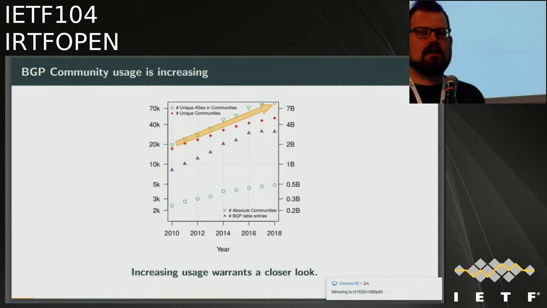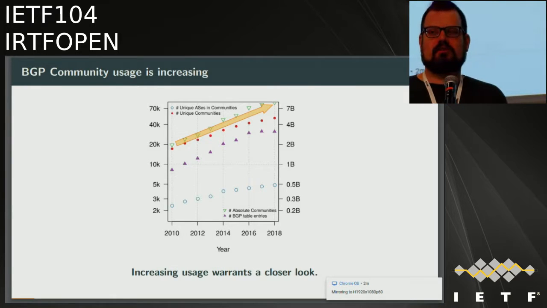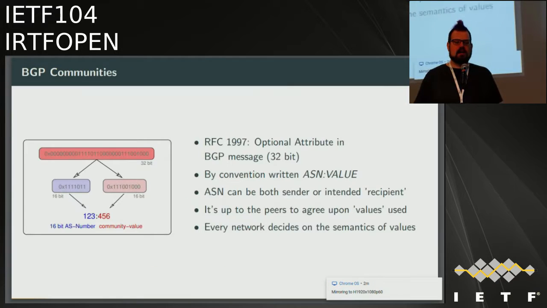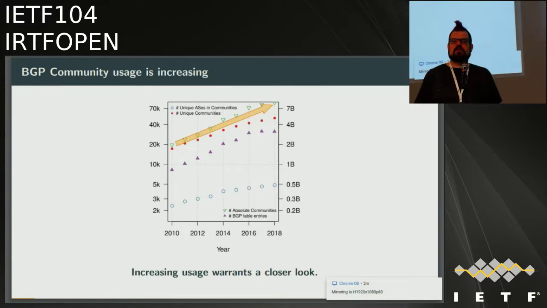And I looked it up yesterday, it further increased: last year around 5,000 ASes were using BGP communities, and now it's up to 10,000, and we see 74,000 individual values for short communities. So for me as a researcher, this means I should probably take a look at what's actually happening there.